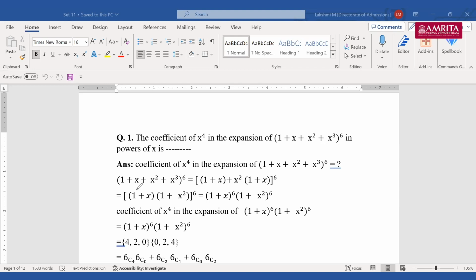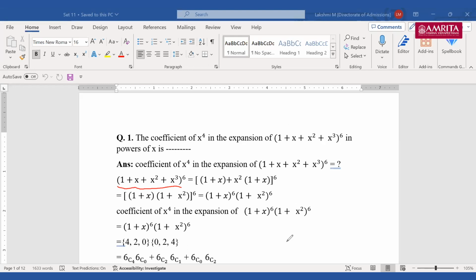So this is 1 plus x square plus x cube. This is like 1 plus x raised to 5, x raised to 7. The same pattern. This is a very important model of question that comes repetitively. I just want to find out the coefficient of x raised to 4 in the expansion.